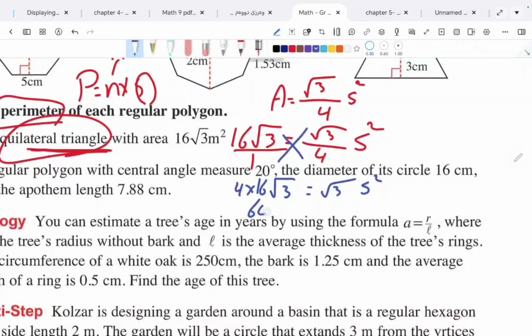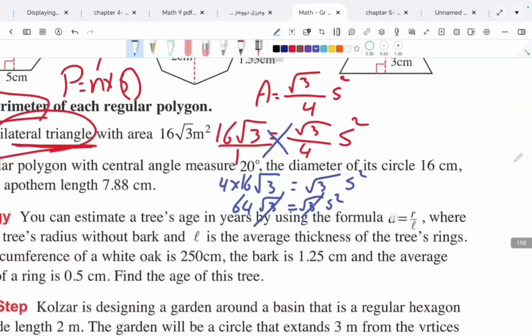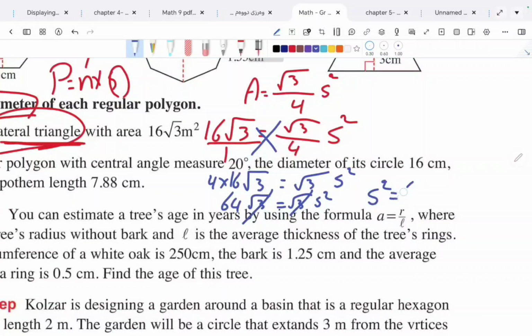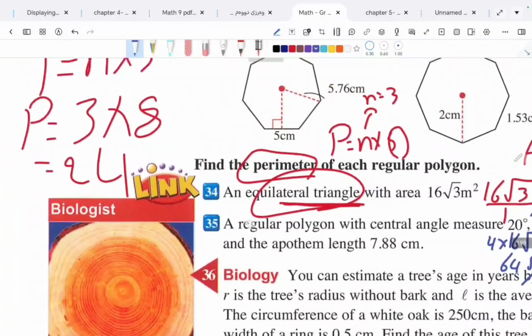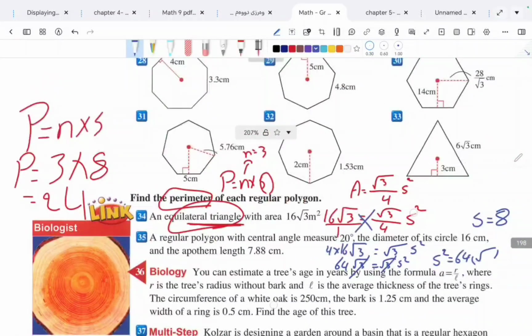This one equals 64 square root of 3 equals the square root of 3 s power 2. Square root and square root, they cancel each other. S power 2 equals 64. How to get rid of s power 2? Take a square root for each side. So s equals 8. Then use 8 and the rule of perimeter, times 3 equals 24.